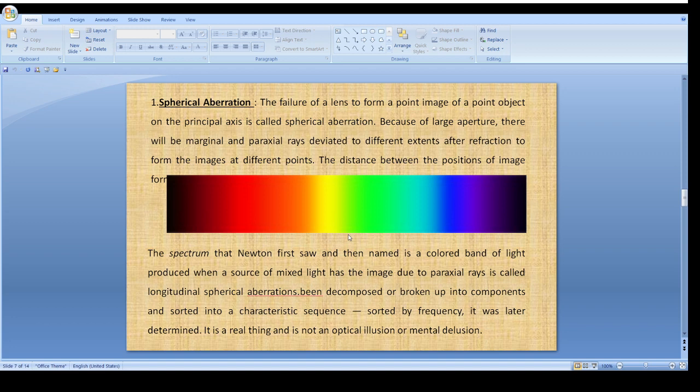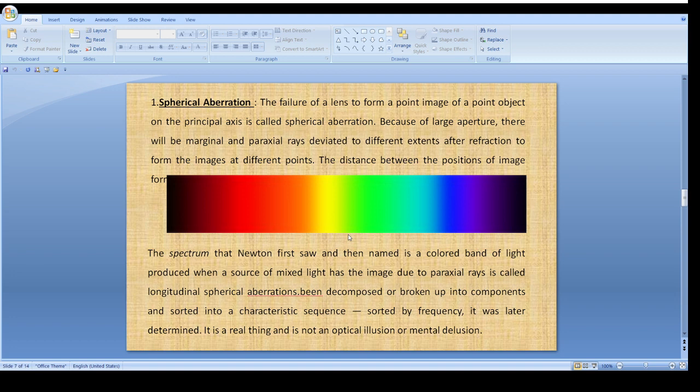The failure of a lens to form a point image of a point object on the principal axis is called spherical aberration. One example, the spectrum that Newton first saw and then named is a colored band of light produced when a source of mixed light has the image due to paraxial rays, called longitudinal spherical aberration.